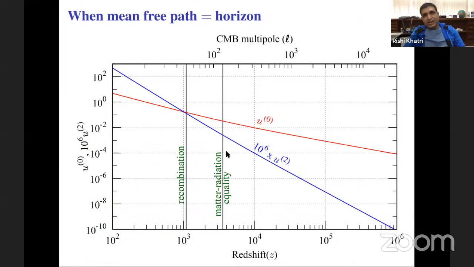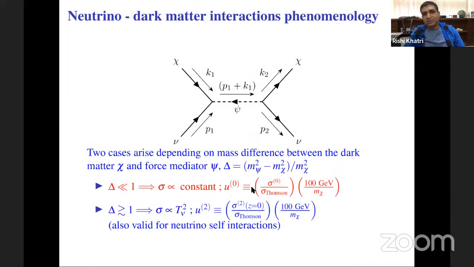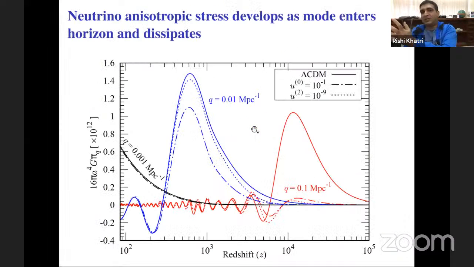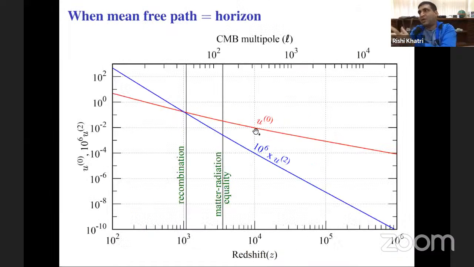We can then ask the question: at what redshift is the mean free path of these neutrinos equal to the horizon scale? This is what I am plotting here. For example, if you look at the red curve, U superscript 0, when it is 10 to the minus 2, the horizontal line, then above redshift 10 to the 4, neutrinos are not free streaming, because the mean free path of the neutrinos is smaller than the horizon scale.